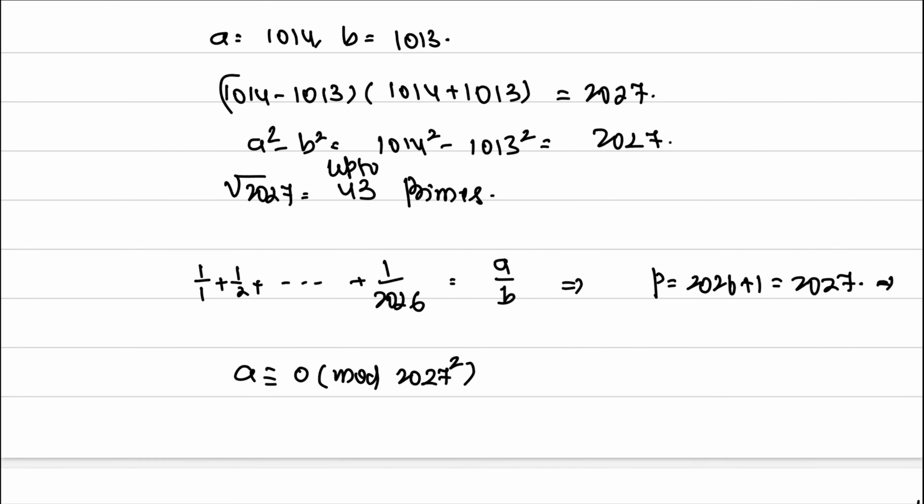That means a is divisible by p square. That implies p is equal to 2027 is the SPF of A.